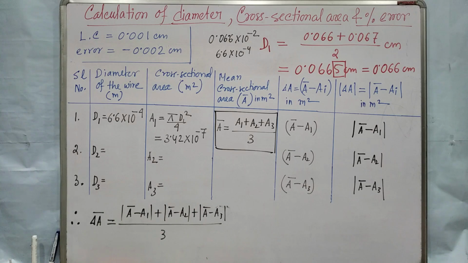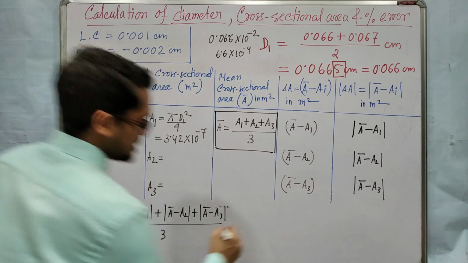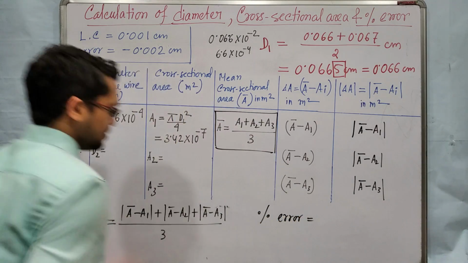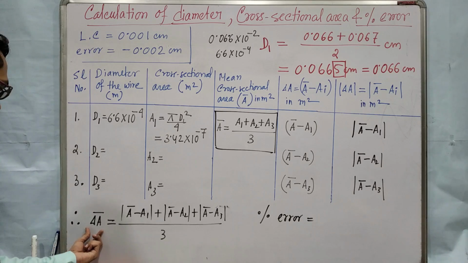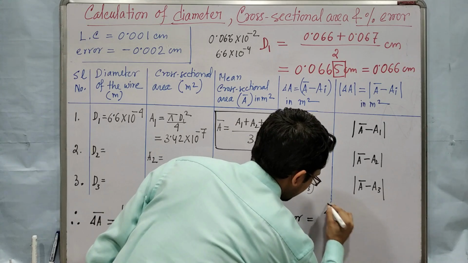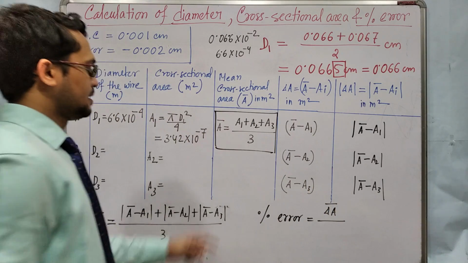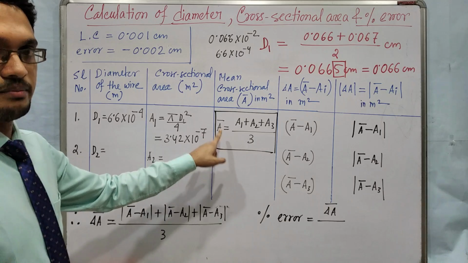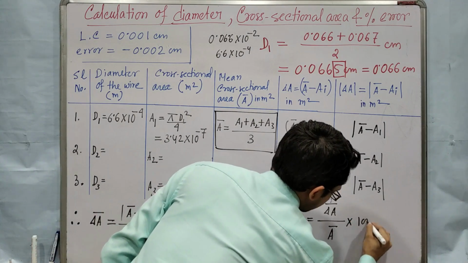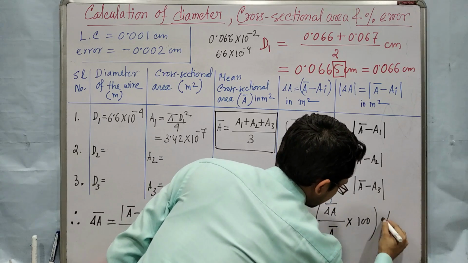So what will be the percentage error? We already learned how to calculate the percentage error in the second chapter, units and measurement. Percentage error is delta A average, the mean delta A, divided by A average, mean A, A bar, into 100. This much percentage.